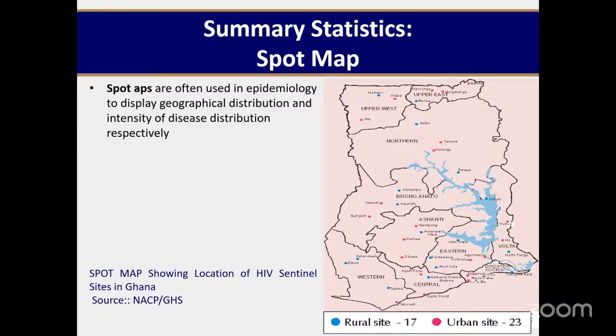Now, a look at the spot map based on the color coding can tell you whether the HIV prevalence in a particular region is higher than the other. It can even be done electronically such that it may be flashing, indicating that there is an issue there.